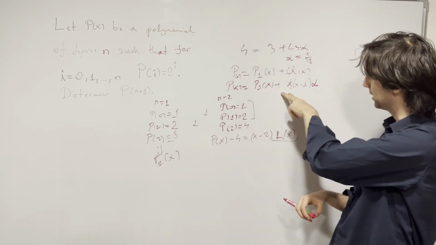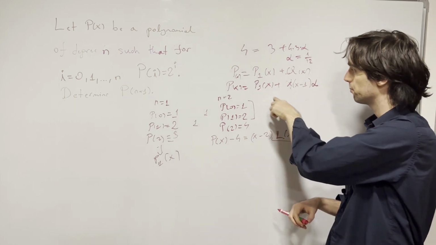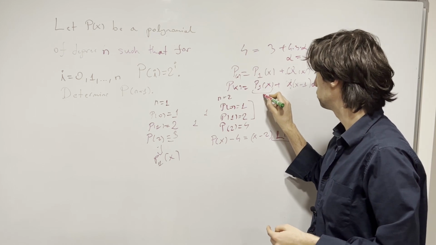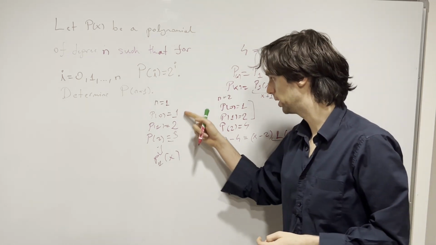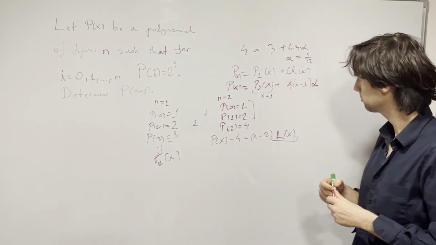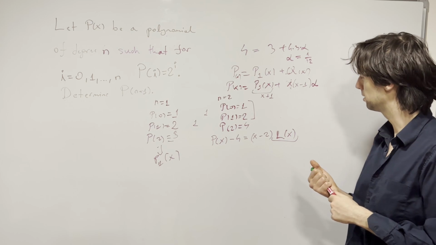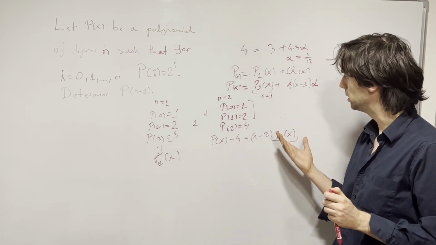Okay, so now we have x times x minus 1 times alpha. We know what alpha is. We know this was equal to x plus 1. And now we have x times x minus 1 times alpha, and that's what p of x needs to be.